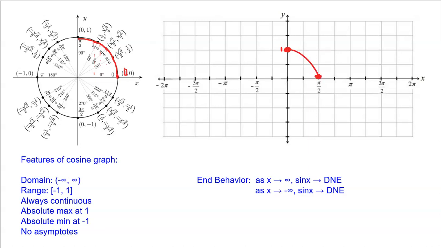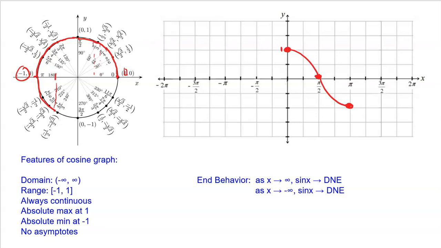And then again, now I'm getting smaller and smaller. As I keep going, I'm getting negative now. My x-coordinates are getting more negative and more negative until I reach the lowest, which is negative 1. So that's why I curve down here, and at pi, I'm at negative 1. And then again, I got to keep telling you, track the x-coordinates. As I keep rotating, now the x-coordinates are actually getting bigger. They're still negative, but they are getting bigger.